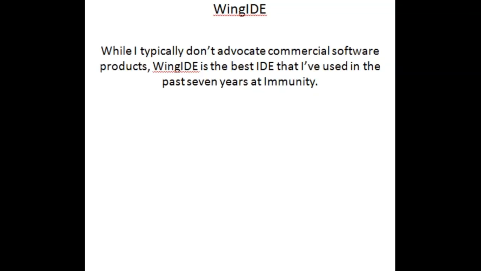Wing IDE provides all the basic IDE functionality like auto-completion and explanation of function parameters, but its debugging capabilities are what set it apart from other IDEs. I will give you a quick rundown of the commercial version of Wing IDE. But of course, you should choose whichever version is best for you.